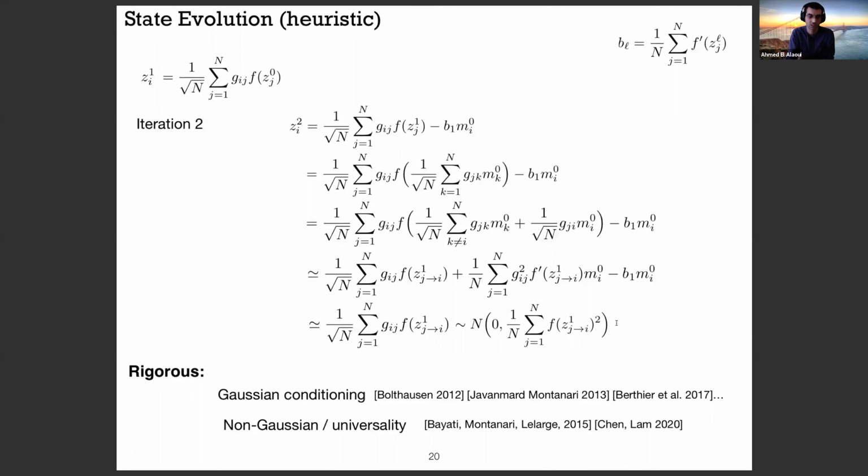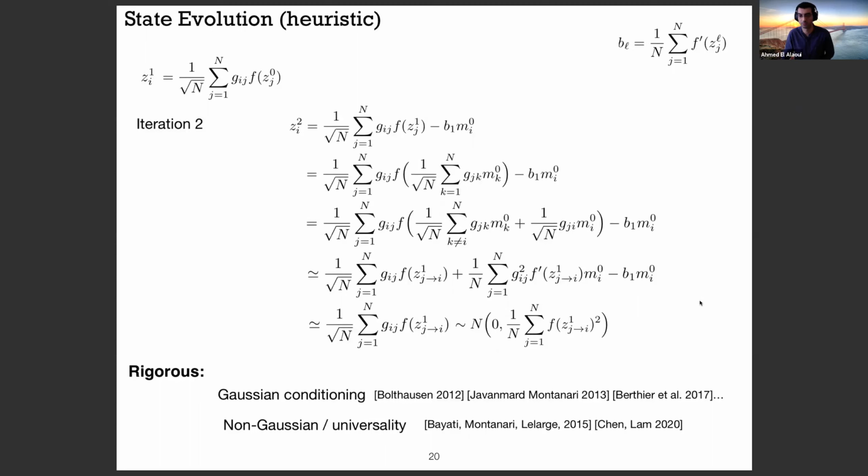So now that was just for the second iteration, but you would have to be able to do this for every iteration. But then the path of dependence between the random variables would get longer and longer. And in particular, this approach is very difficult to make rigorous. But there is a way to make it rigorous if these coefficients are indeed Gaussian, and that's what Bolthausen came up with. It's called the Gaussian conditioning technique.